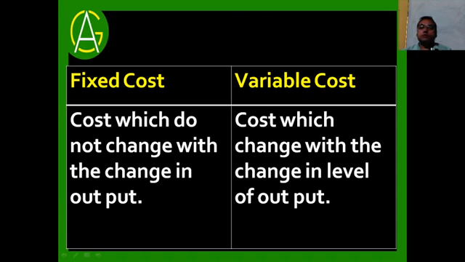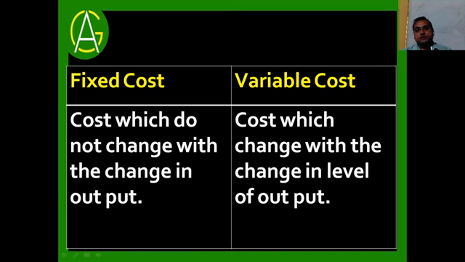If the producer produces only 100 units, the rent will remain 25,000. If the owner does not produce any unit, the production is zero, the rent must be 25,000. So at any level of output, whether the output increases or decreases or is zero, the cost is not going to change. This cost will be considered as fixed cost.